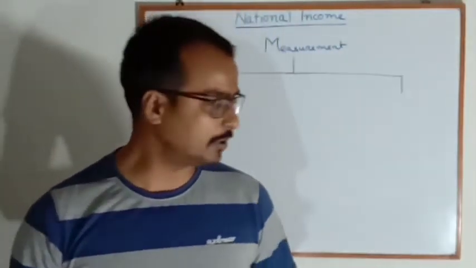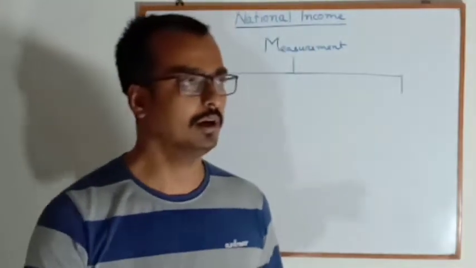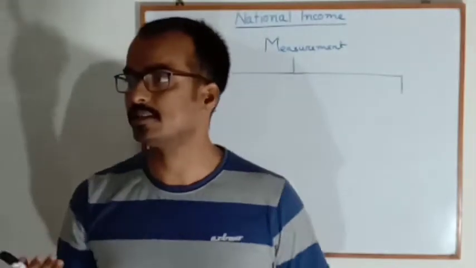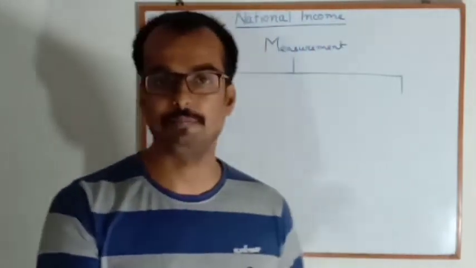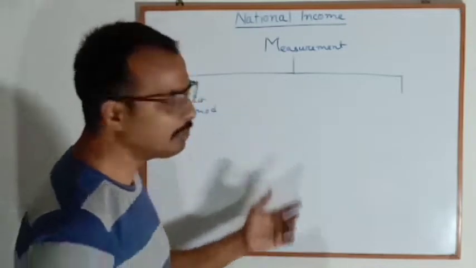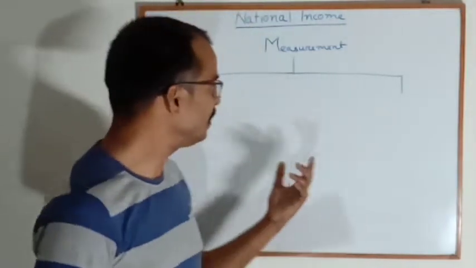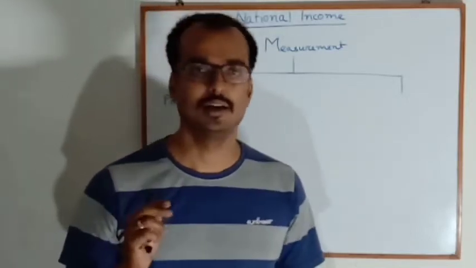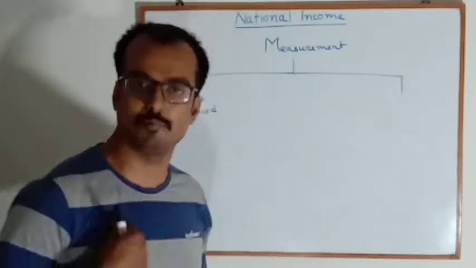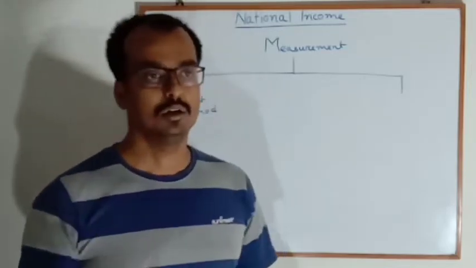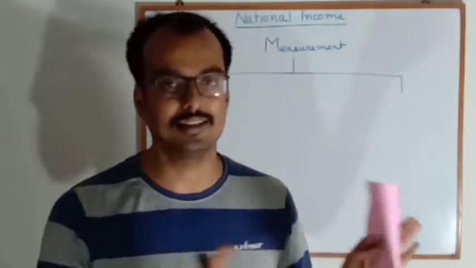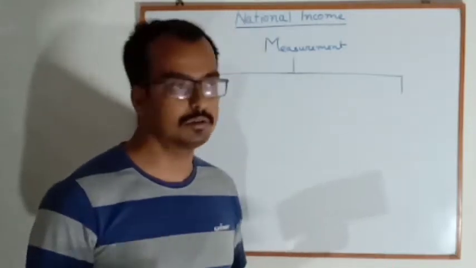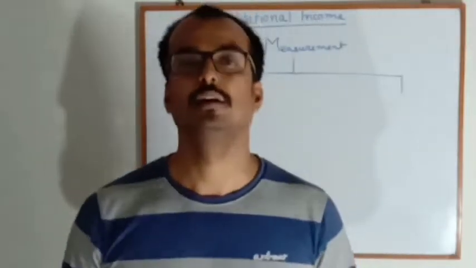So if a country produces one book, say one book costs 10 rupees, and one marker costs 50 rupees, 10 plus 50 is 60, and one board costs 100, so it's 160, and one t-shirt is 40, say for example. Nothing else is produced in the country. So we add the market value of these 4 items, and the country's national income is 200.